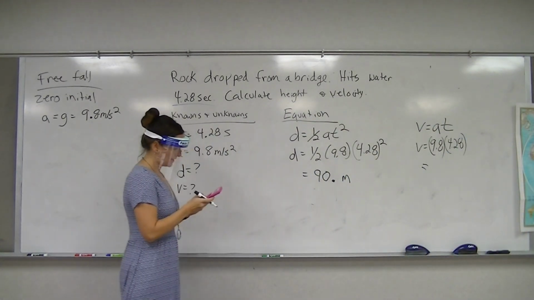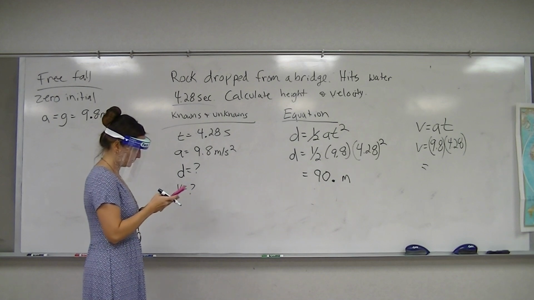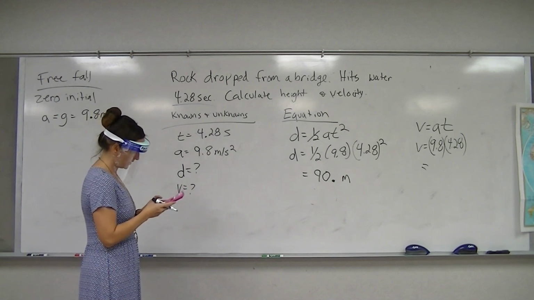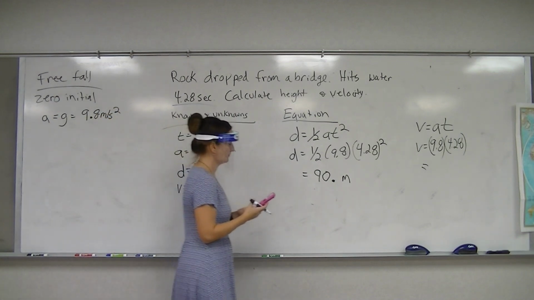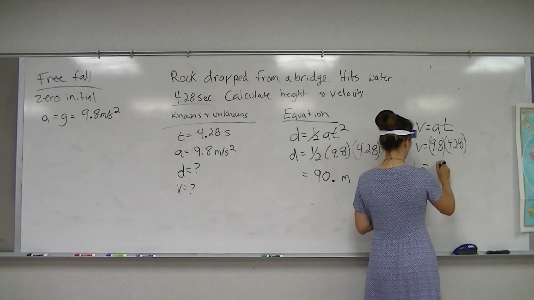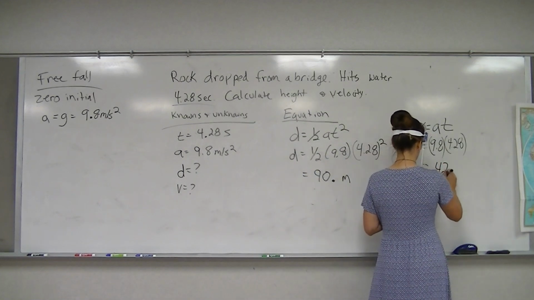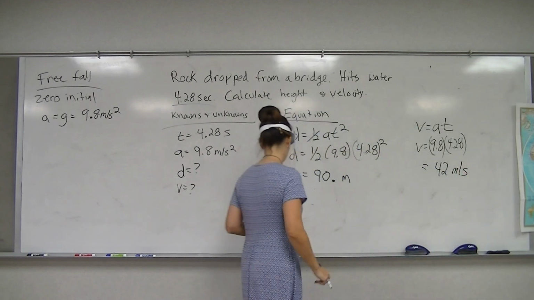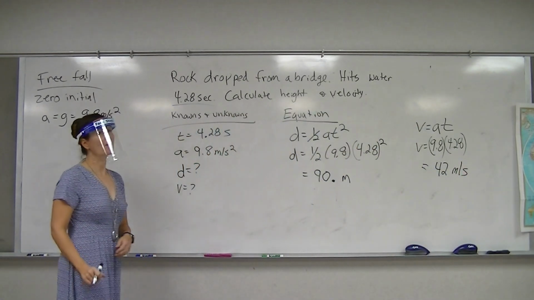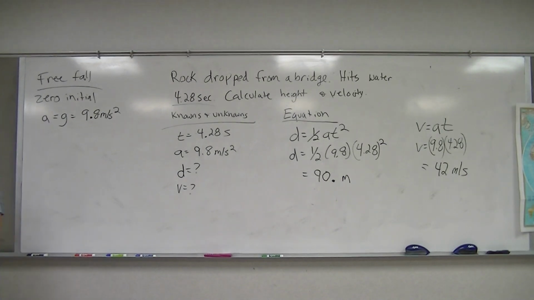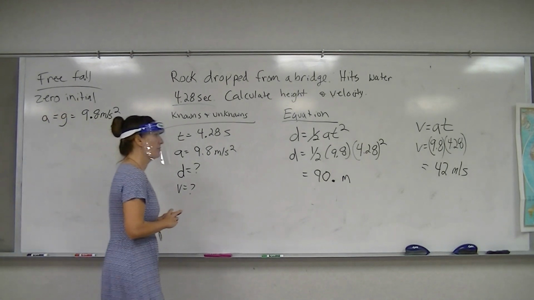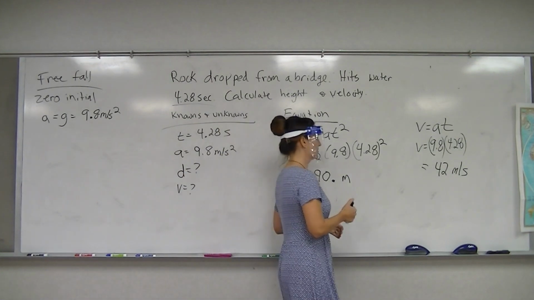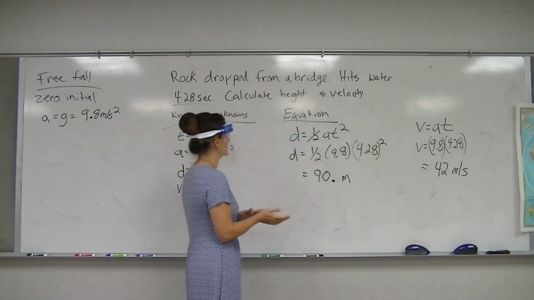So 9.8 times 4.28. Once again, 2 sig figs, so I'm going to round that up to 42 meters per second. Going very fast. If we converted that into miles per hour, you would see it's at least 80 miles per hour, if not more. So, we do a lot of damage.